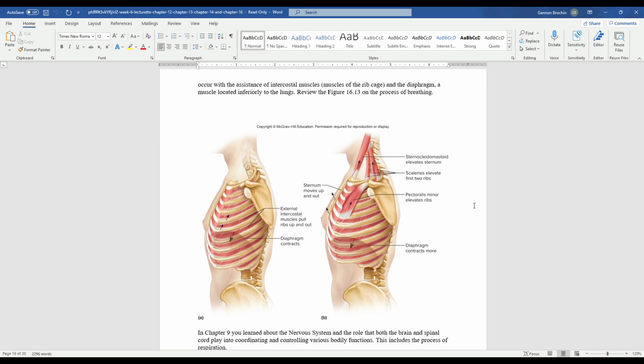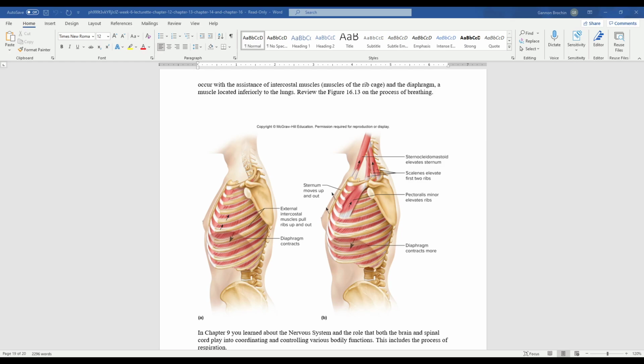And that really only happens if you're exercising and your respiration rate has to increase to keep up with oxygen demand. Other than that, though, the diaphragm really is the primary muscle. Now, we have the internal intercostals that exist, and internal intercostals will help to collapse the rib cage.